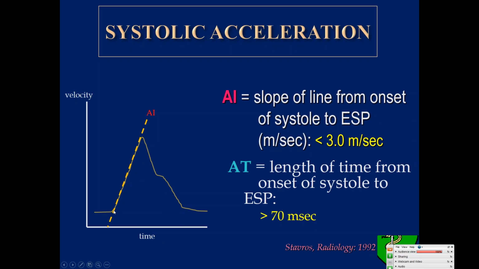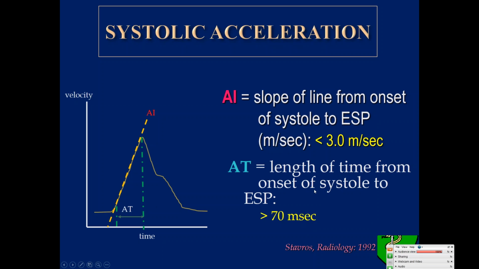waveform. Acceleration time we can calculate from the beginning of the systole until we reach the early systolic compliance peak. This time, right here, would let us know if there is a delayed upstroke of this waveform.